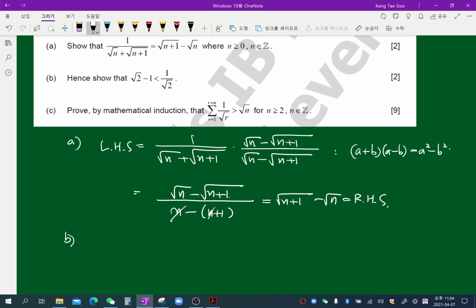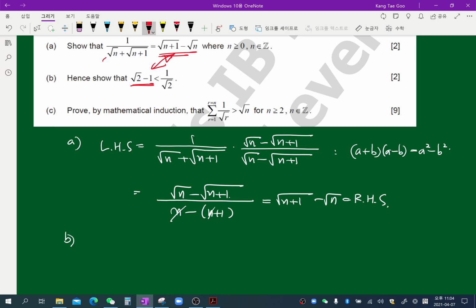Number B, this is an important concept. Show that this is smaller than that. In number A, what we have done is show the left hand side is equal to the right hand side. But in question B, your left hand side is smaller than your right hand side. You need to show an inequality. It's a different question. But what we can take here is that square root 2 minus square root 1 is the same form as this.